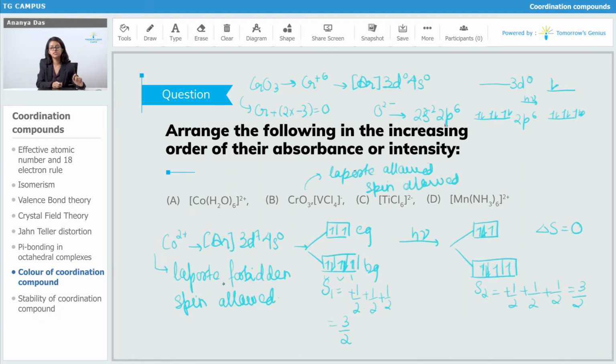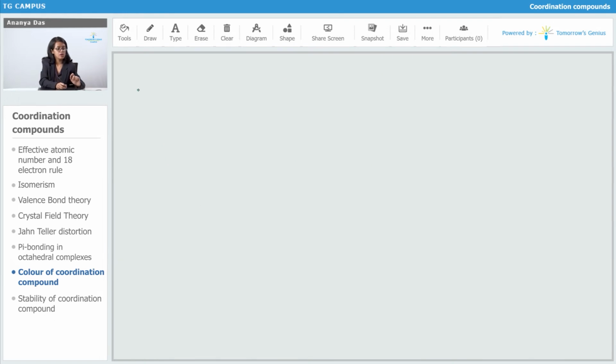Next we have VCl4-. In this, vanadium is in +3 oxidation state. If it's +3 oxidation state, its electronic configuration is Ar 3d2, 4s0. Now it's 3d2, so yes, transition can happen from d to d, but that should be Laporte forbidden.